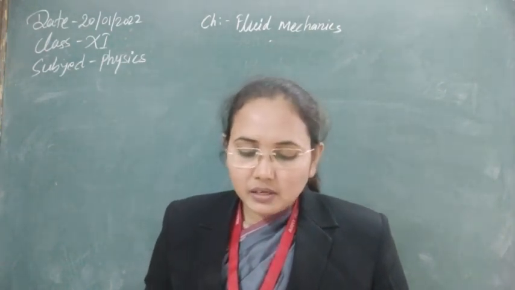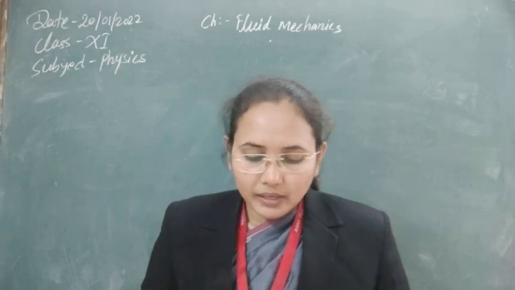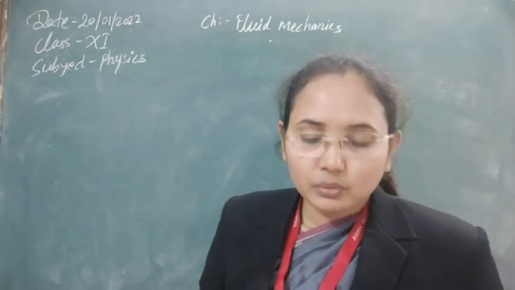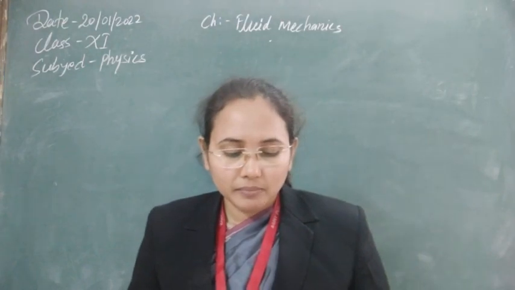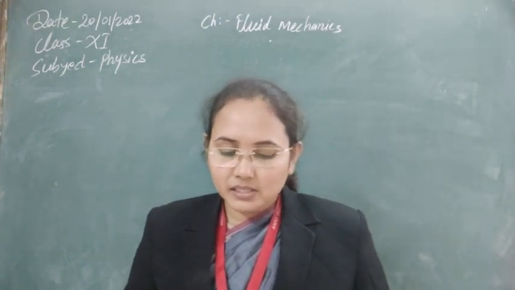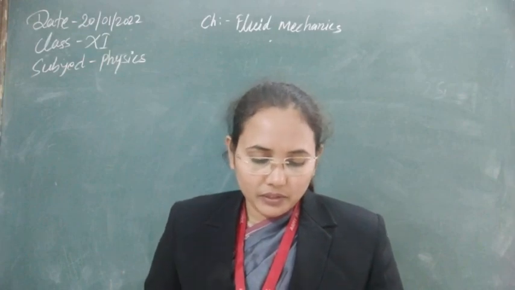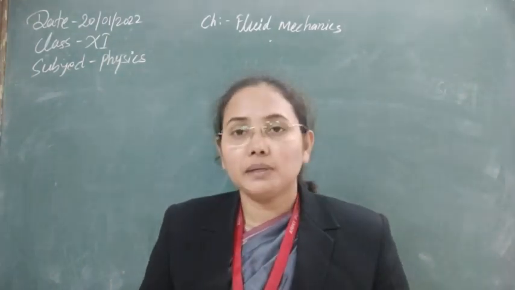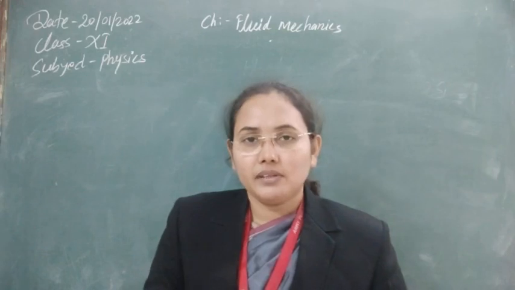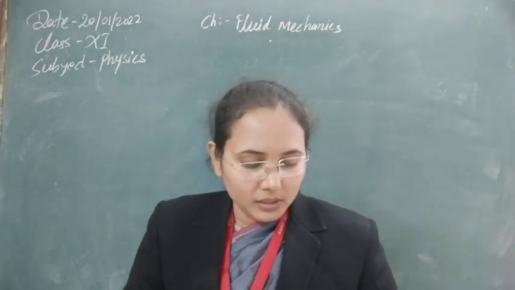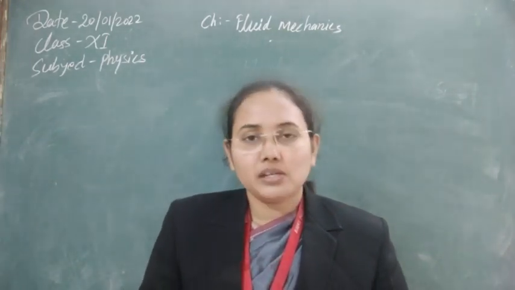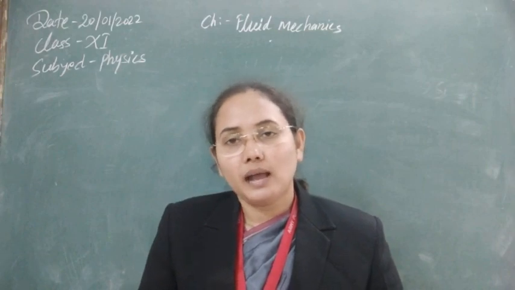The surface tension of water at the temperature of the experiment is 7.3 into 10 to the power minus 2 Newton per meter, and 1 atmospheric pressure is given as 1.01 into 10 to the power 5 Pascal. Density of water we already know, that is 10 to the power 3 kg per meter cube, and g is given as 9.8 meter per second square. So we have to calculate the excess pressure in this question along with the absolute pressure.